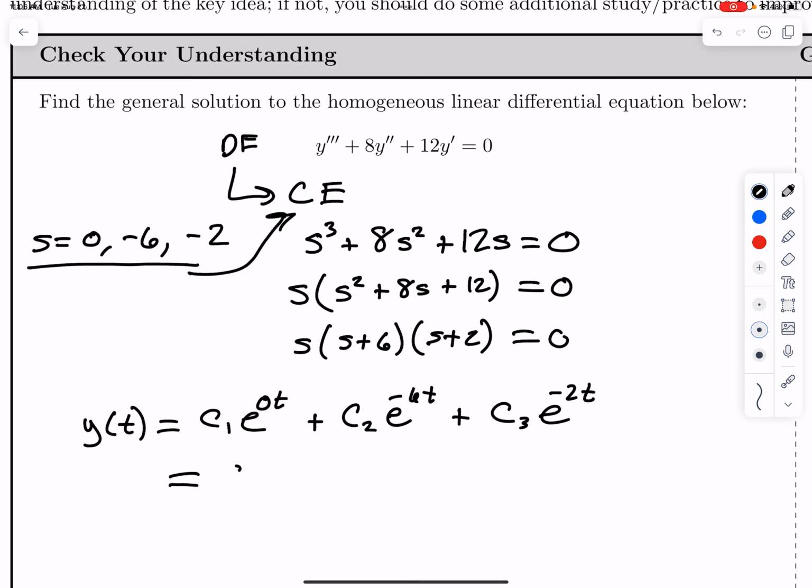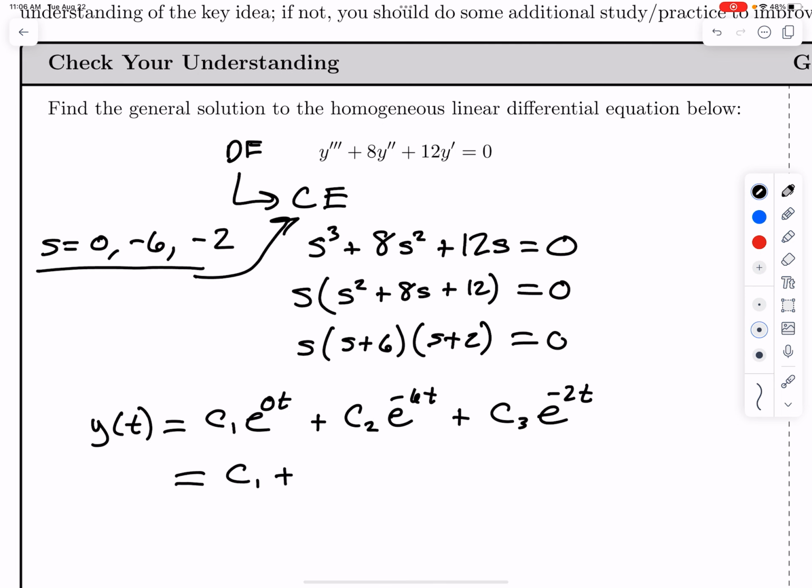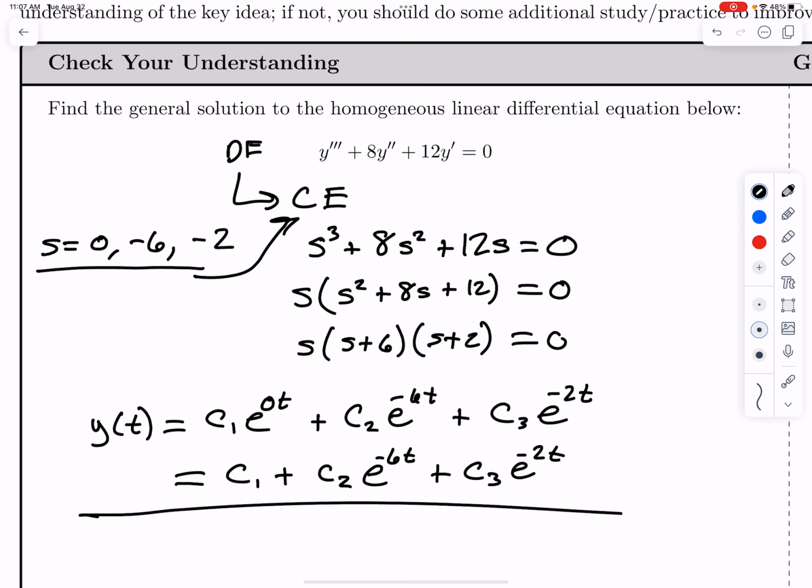Usually we write e to the 0t as 1, so a simpler way to write that would be c1 plus c2 e to the -6t plus c3 e to the -2t. And that is our general solution to that homogeneous linear differential equation.